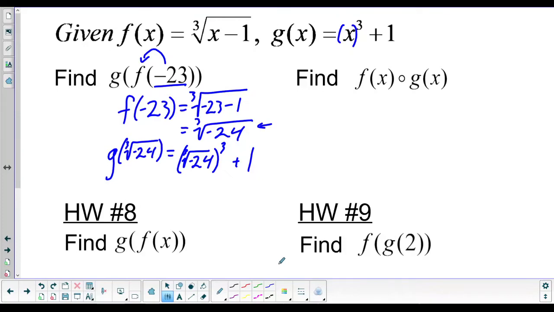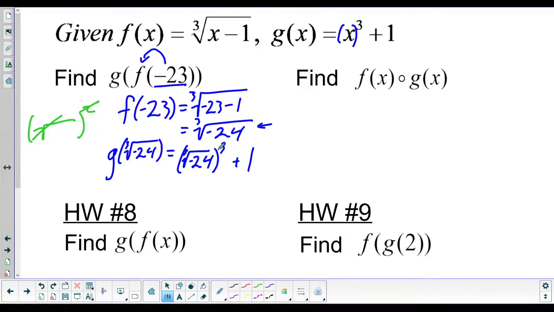Okay. Now, part of the reason we left this as the cube root of negative 24, instead of putting it into a calculator to try and simplify it, is that this doesn't simplify nicely. You get a really ugly decimal. But if we leave it like this, just like square roots and squareds are opposites of each other, they cancel each other out. Cube roots and cubes are opposites of each other or inverses of each other, and they cancel each other out.